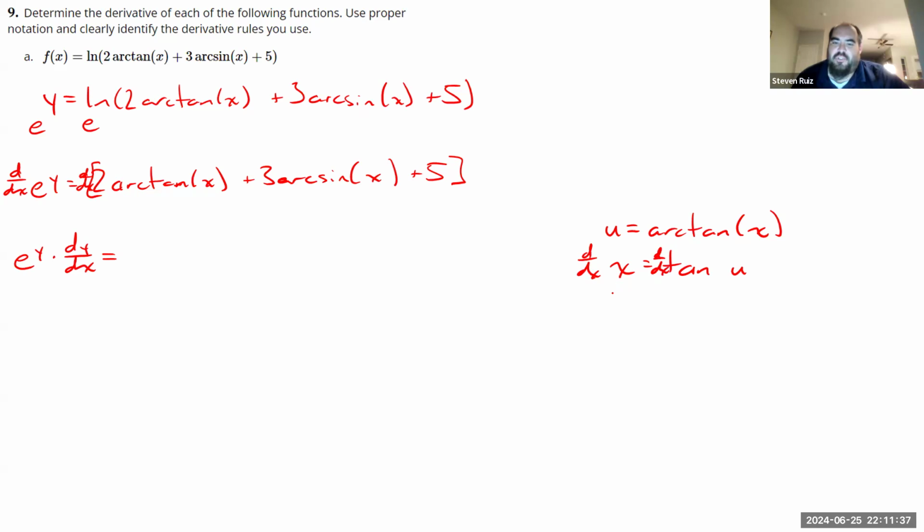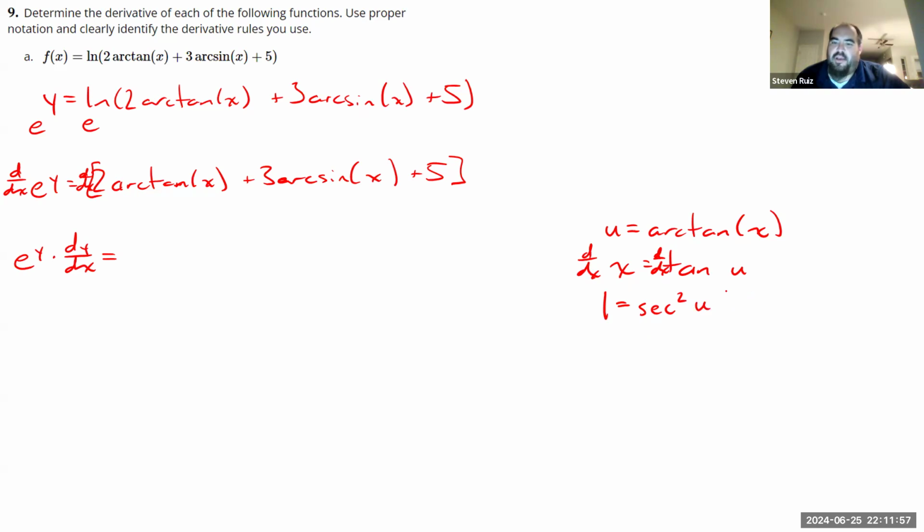What's the derivative of x with respect to x? The derivative of x with respect to x is 1. What's the derivative of tangent of something? That's going to be secant squared of not x, but u.